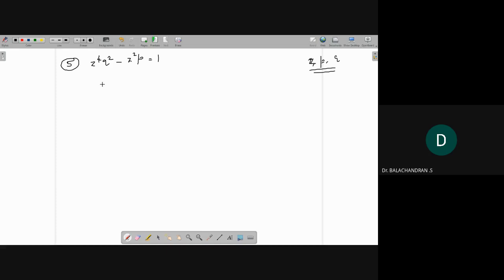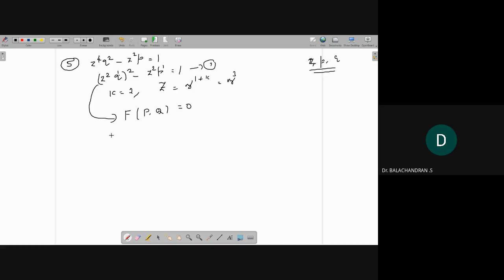So here, if you write this as z square q whole square minus z square p equal to 1, the power of p is 1 and the power of q is 1, and hence the k value is 2. Then capital Z equal to z power 1 plus k, so z power 3. Hence this equation 1 is transformed into the first type, function of p comma q equal to 0.